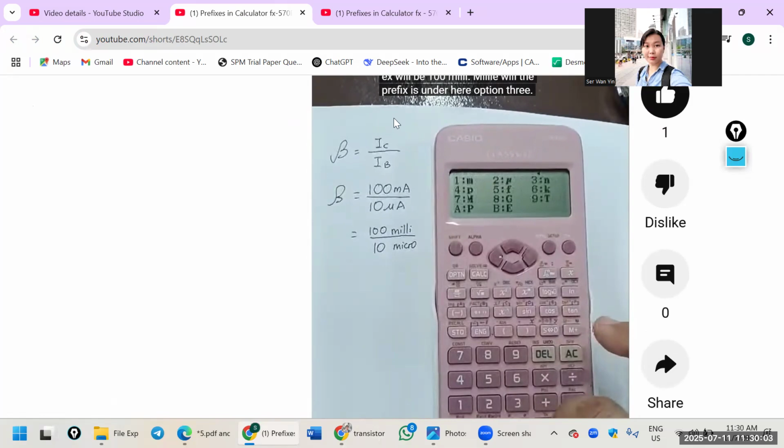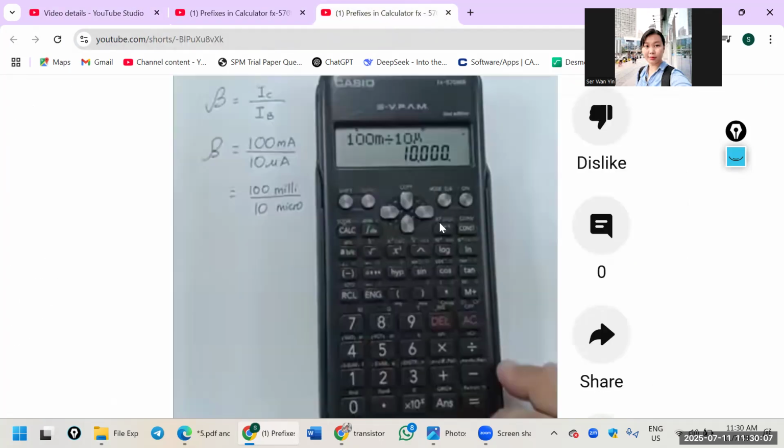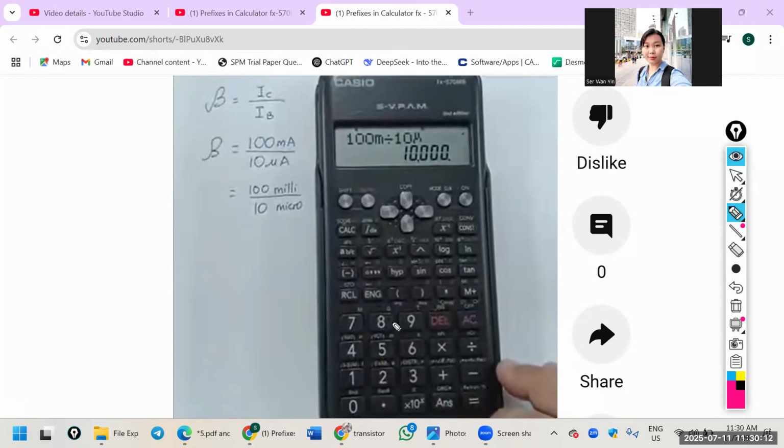I don't want to repeat anymore. You forgot, you check yourself. Okay, then now this one, the black one, is very easy. Easier because they show it here already. Milli is 5, micro is 4. Shift 5, shift 4. Alright?